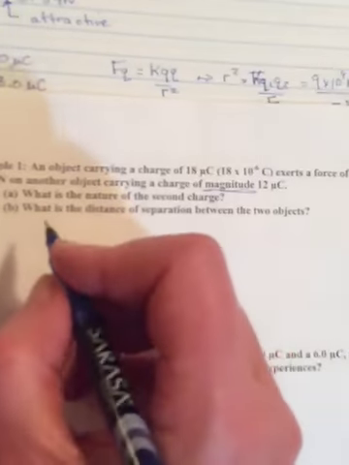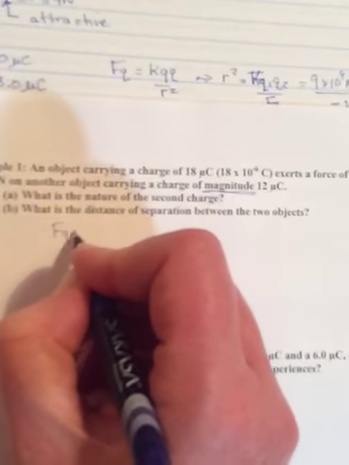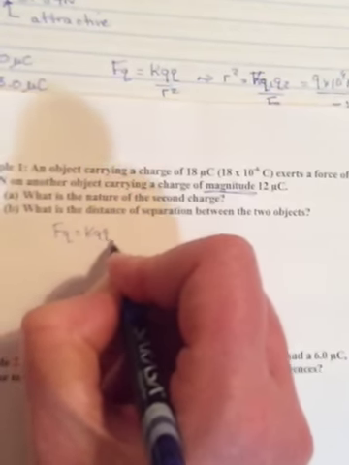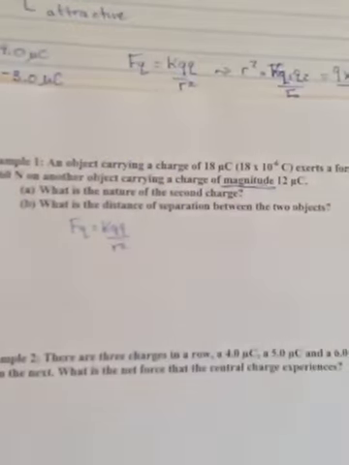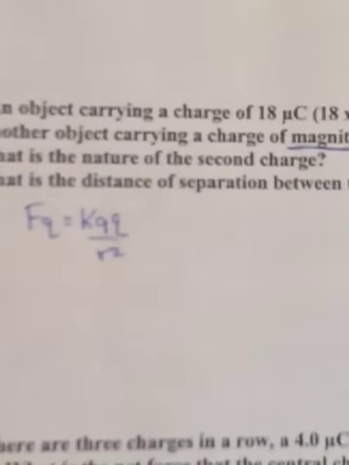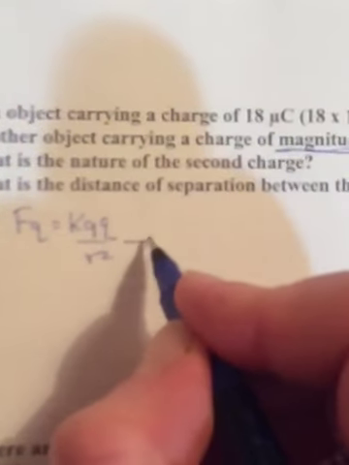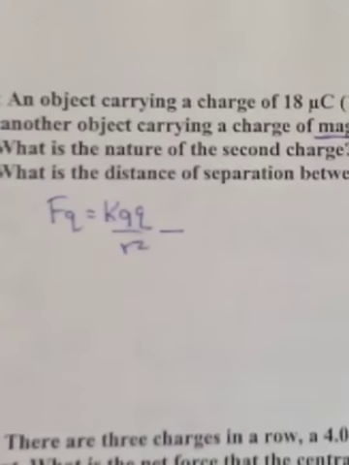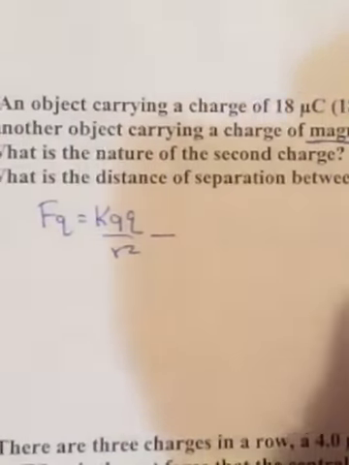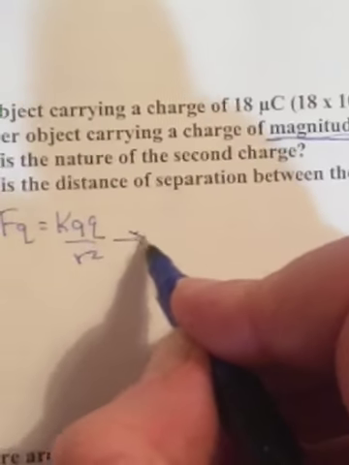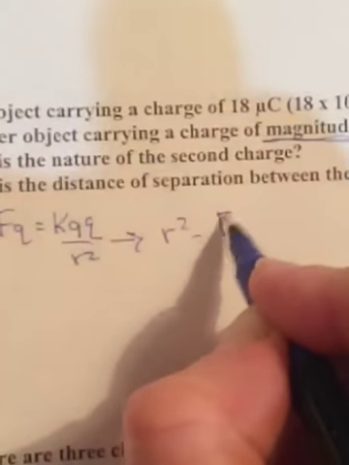Then it wants the distance they were apart. So it's just, again, Fq equals k q q over r squared. But you're going to rearrange for r squared, just like we did in the homework questions a minute ago.